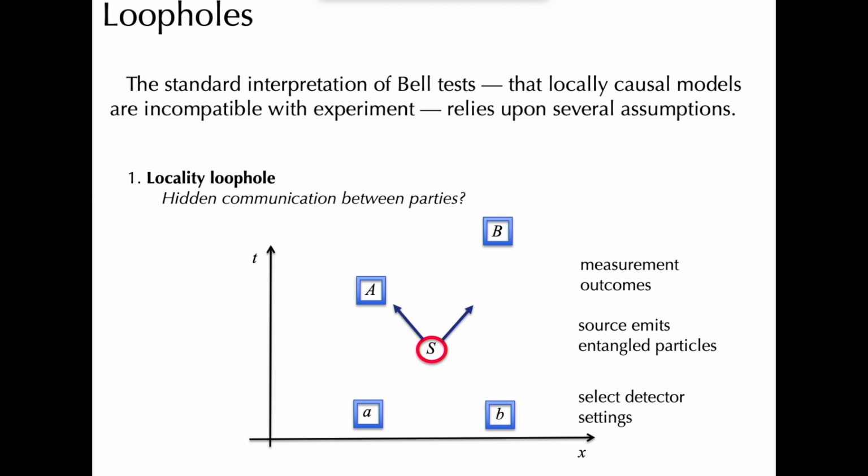The first to be identified is one we've heard much about this morning. It's now often called the locality loophole. It's really asking, was there an opportunity for inadvertent or hidden communication between parties, and could that very mundane explanation account for these highly correlated outcomes of the measurements?